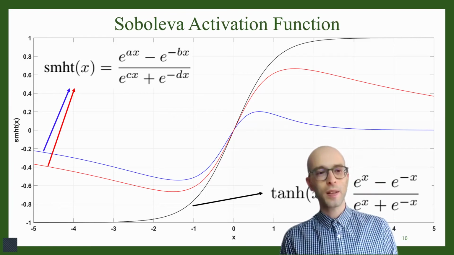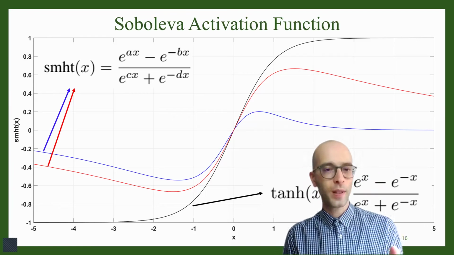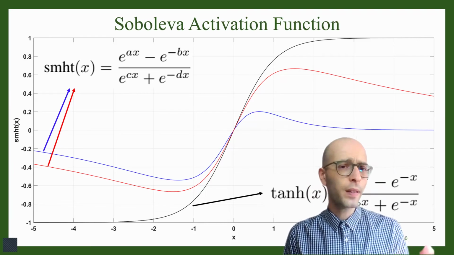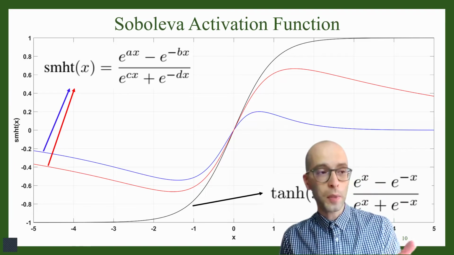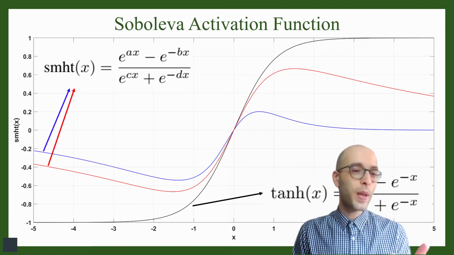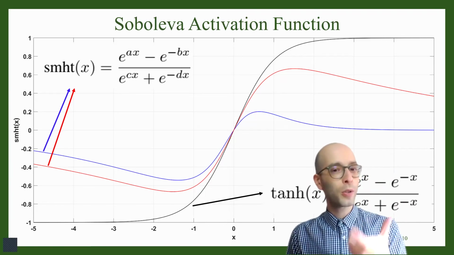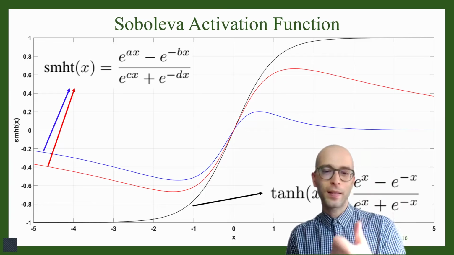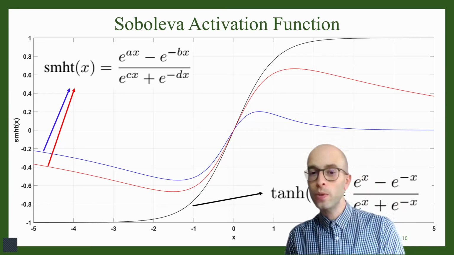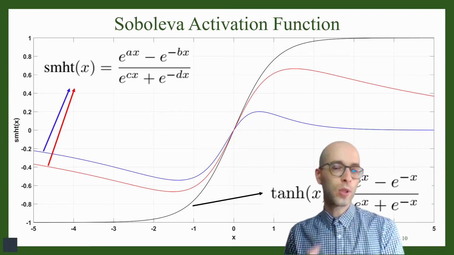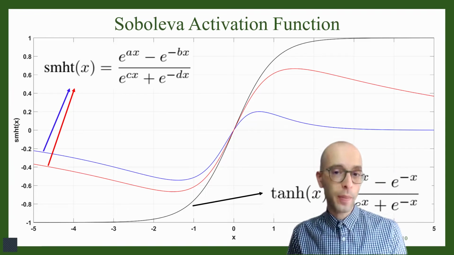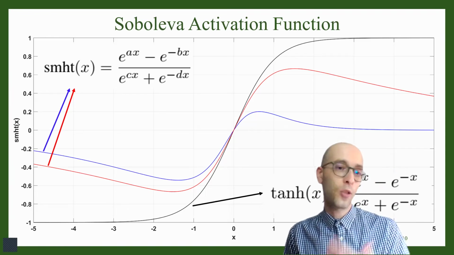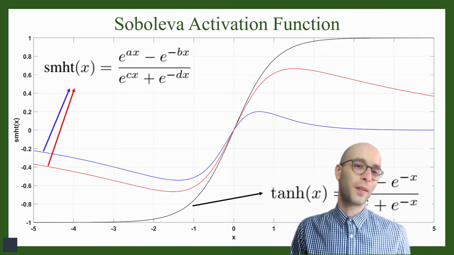For me, this is very interesting because the breaking of symmetry could have a very interesting effect on the system. And also from a biological perspective, we are now talking about neurons that are non-symmetric in nature, which means that they give a different output to a negative or a positive input. Okay, so from a biological perspective and from a mathematical and geometrical perspective, this is very, very interesting.